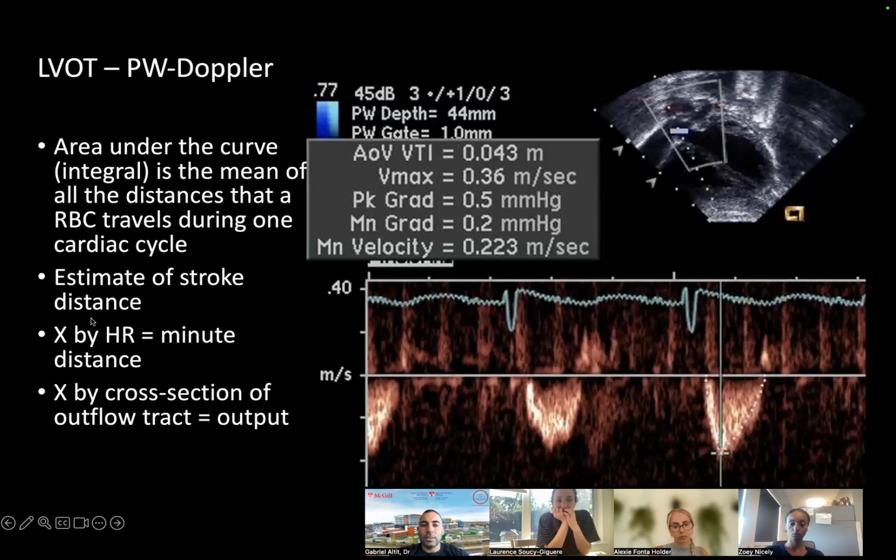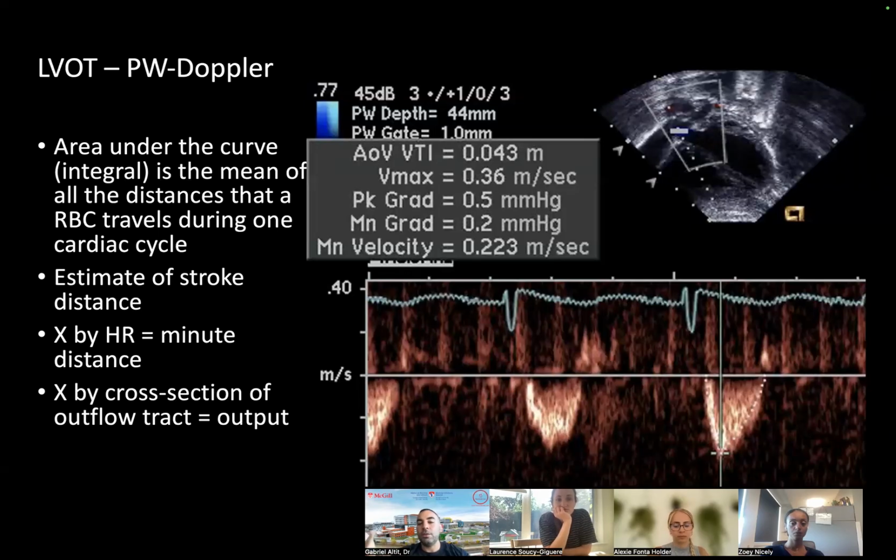So it's really a stroke distance times heart rate gives you a minute distance. And if you multiply it by a cross section of an outflow tract, you get what we call the output in cc per minute. And typically in newborns, we'll normalize this output to the weight of the patient. So we'll divide by the weight at the time of the echo. So we'll talk in cc per kilo per minute or ml per kilo per minute.